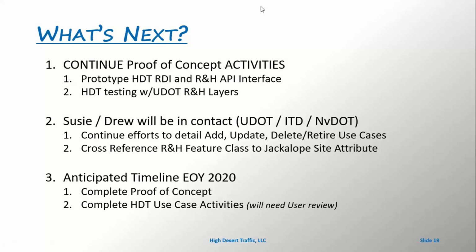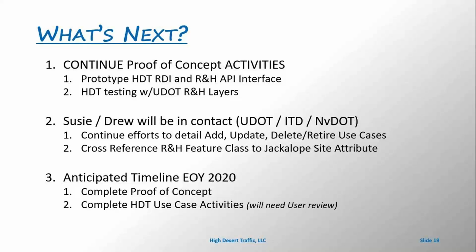And he's continuing to prototype and to figure out where some of the gotchas are from a technical standpoint, in addition to Drew and I running parallel with Joe and continuing our efforts to drill out the add, update, and delete use cases, in addition to completing the cross-reference with Nicholas and Margaret between your Jackalope site attributes to Roads and Highways.